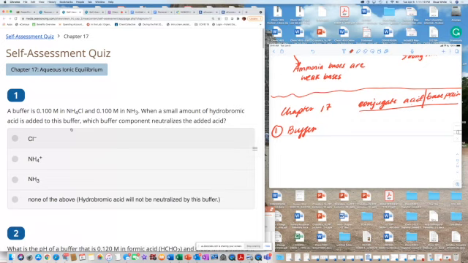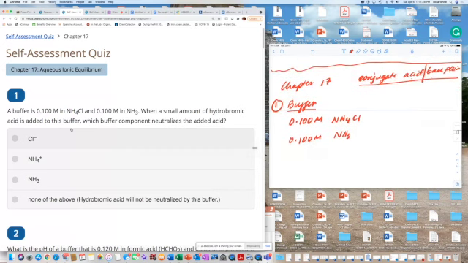Okay, so when I'm looking at this question, if the word buffer was missing, I would see 0.100 molar NH4Cl and 0.100 molar NH3. So I have to recognize these as conjugate acid base pair.